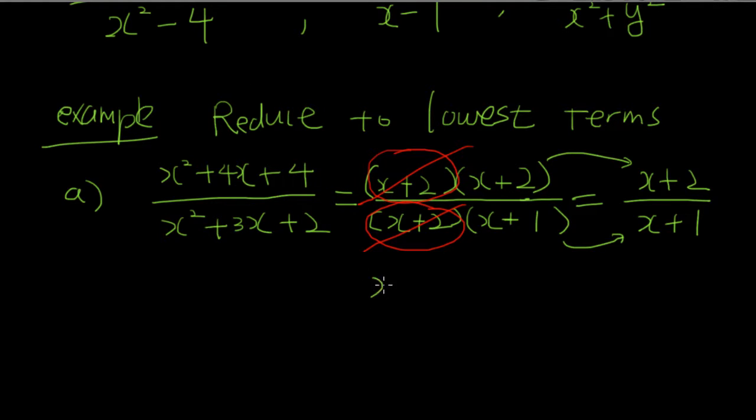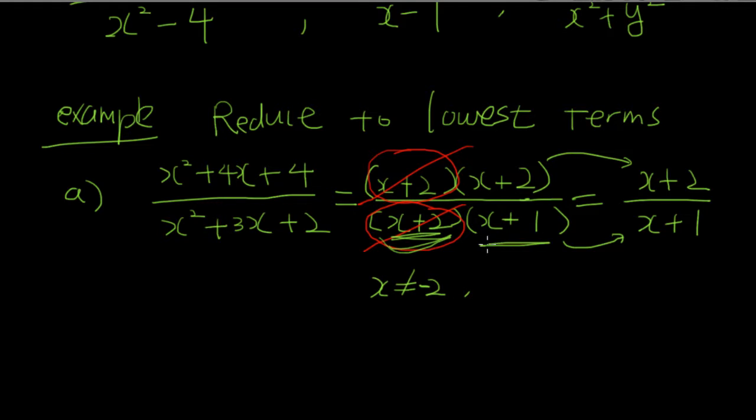So what x value will make any one of these denominators 0, even before the canceling? Let's look at this one right here. If x equals what value, this whole thing is going to be 0? Well, negative 2 plus 2 is 0. So we do not want x equal to negative 2.